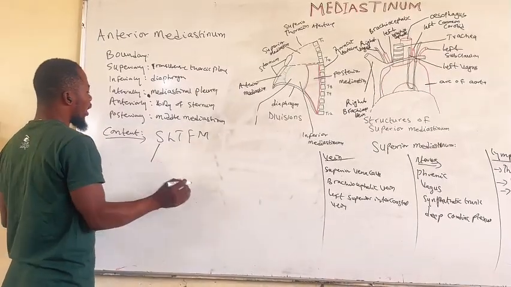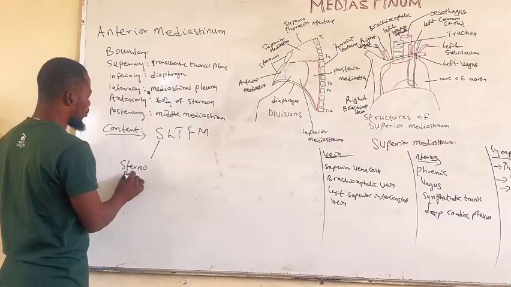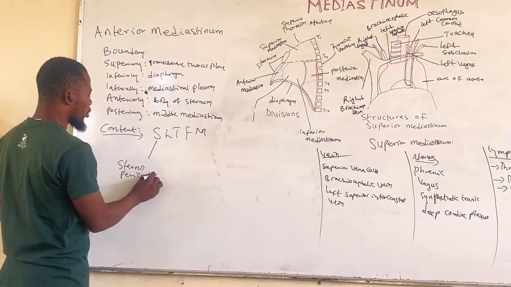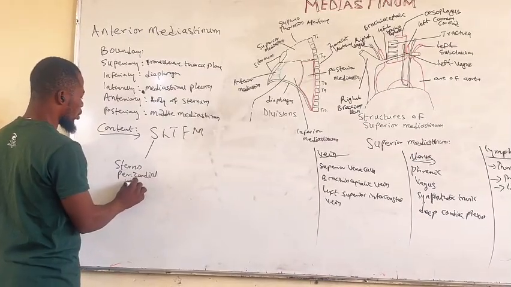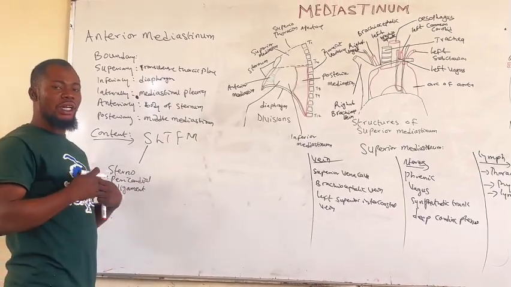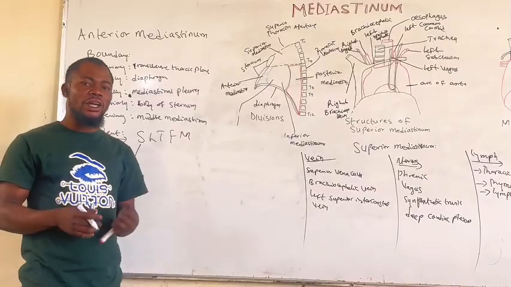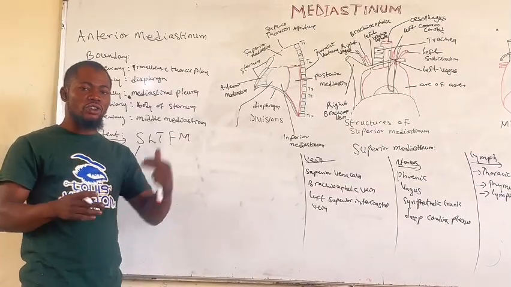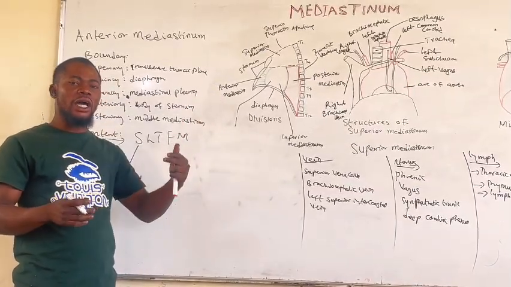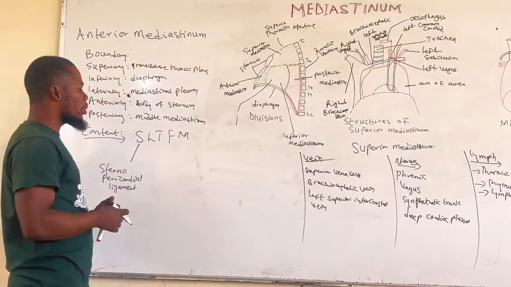S here stands for sternopericardial ligament. This is the ligament that extends between the sternum and the pericardium, and there are two: the superior sternopericardial and the inferior sternopericardial ligament. So it's the content of the anterior mediastinum.